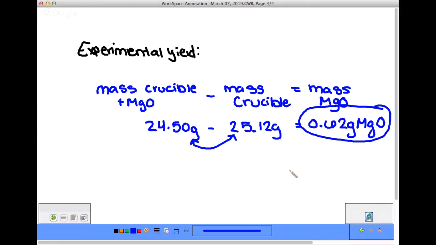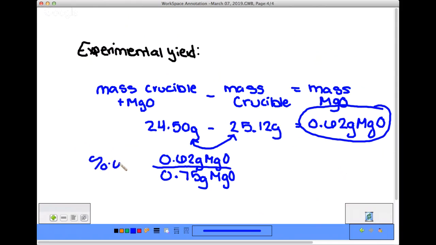And again, we can figure out our percent yield by taking our experimental, which is 0.62 grams of magnesium oxide, divided by how much we should have produced, 0.75 grams of magnesium oxide. This is our percent yield, times 100.